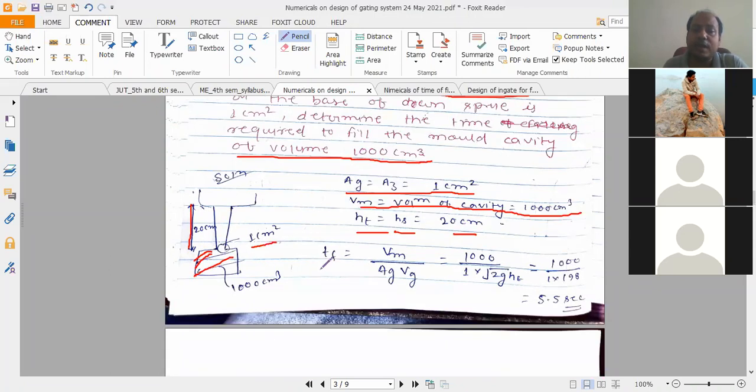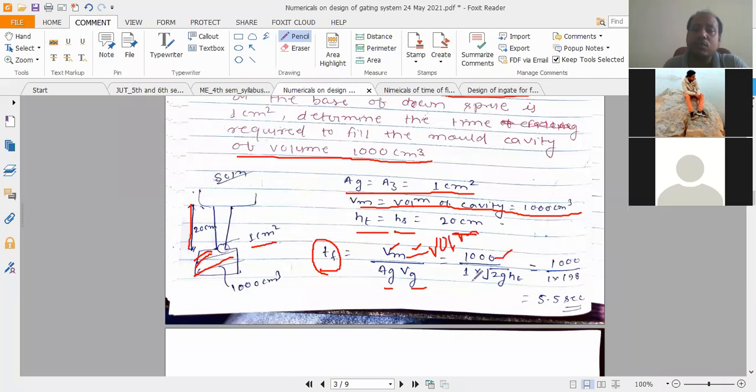So you have to find the top gate filling time, which will be equal to the volume of the mold divided by Ag into Vg. Vg is the velocity and this one is the volume. So 1000 is the volume, 1 centimeter square is the gate area, and root under 2 g HT is the velocity at the gate point.